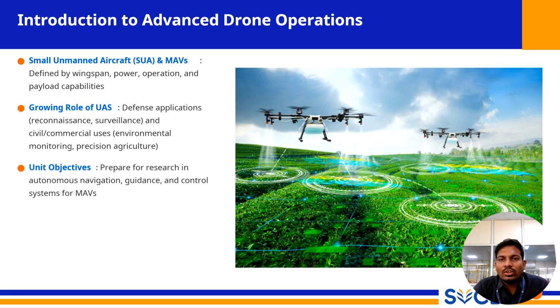In defense applications, these small drones have become indispensable for reconnaissance and surveillance. Their ability to provide real-time intelligence from the air without risking human life is a monumental advantage. They can be deployed quickly to gather information, monitor situations, and enhance the situational awareness of ground forces.